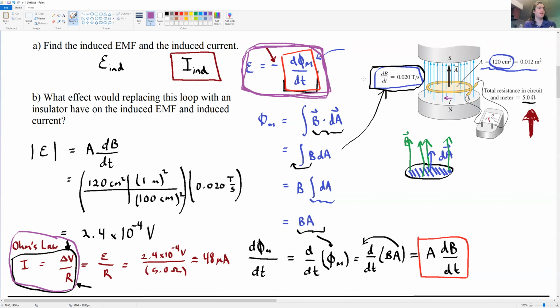The area, magnetic field, rate of change, and angles haven't changed. Those are things that go into Faraday's law. So if d phi m dt hasn't changed, then the induced voltage will not change. So just to complete this question for part B, we could say that E doesn't change.